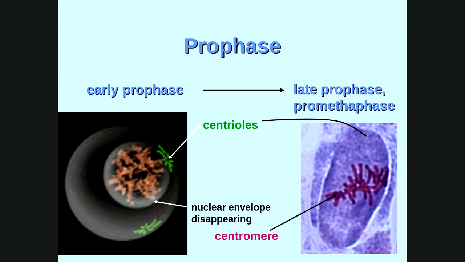This is the early prophase, where you can see the centrioles, the nuclear chromatin material, and the cell membrane. But after that, we can see that this centriole is moving apart to one side, and the other is moved to the other side, and these are the chromosomes.